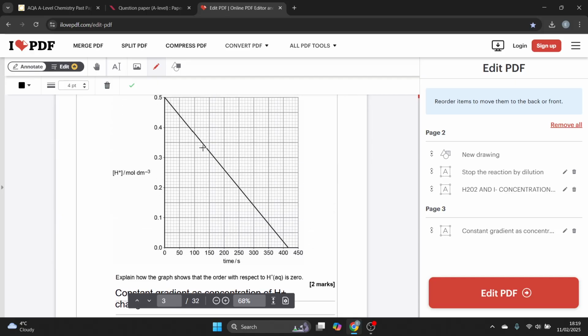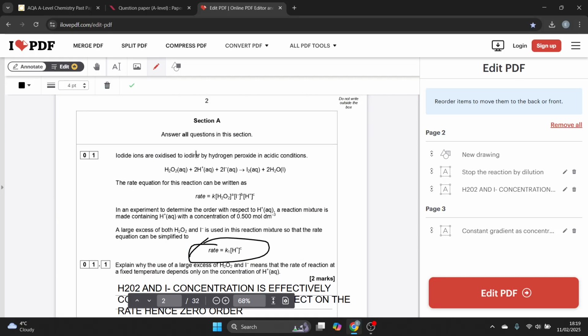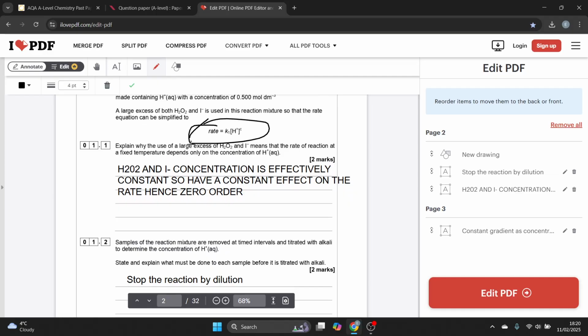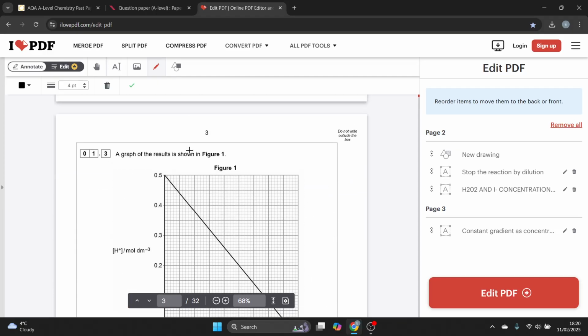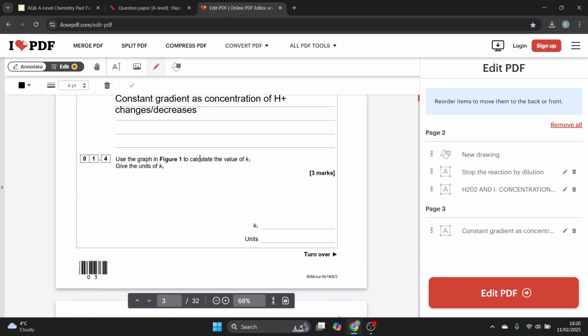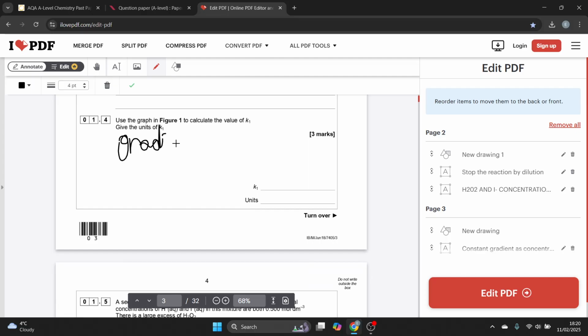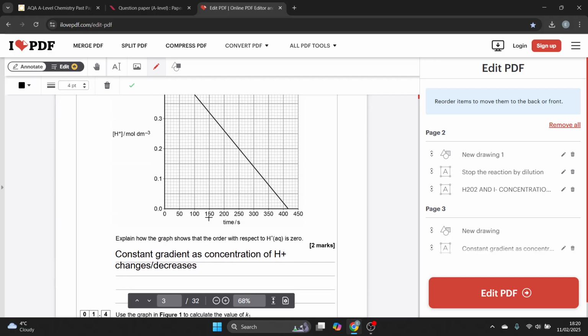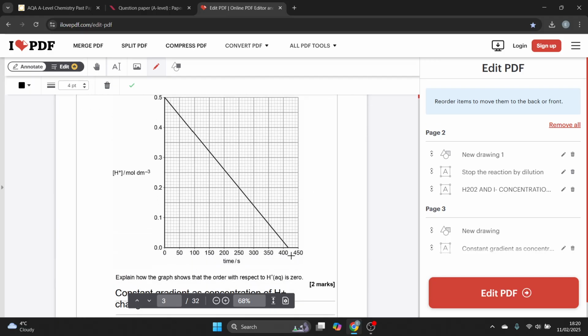First thing I need to find out is the gradient, because a large excess is used so that K can be found from this. I know that's a straight line graph, so K1 is just going to be the gradient. So if I find out the gradient, then I'm already in a good situation. Let's just do that in here.